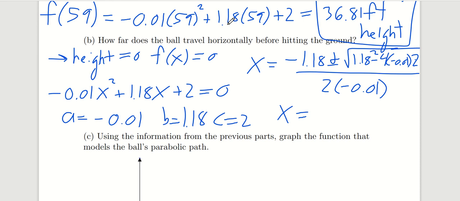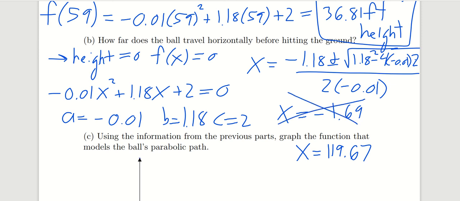If we plug these into our calculator or evaluate them, we should get 2 solutions because of the plus and the minus. One solution we get is x equals negative 1.67. The other solution will be x equals 119.67. Again, keeping in mind that this equation is only valid for positive values of x, which represent the distance traveled by the football after we kick it.